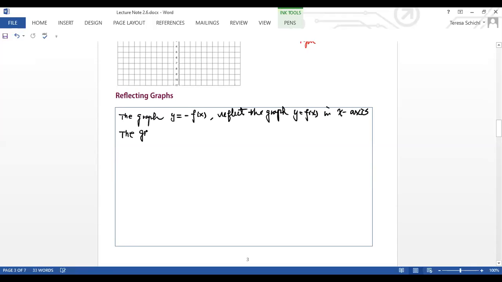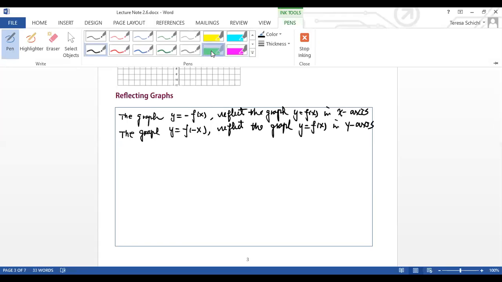How about if instead of the outside, I have something to do with x on the inside of the function? Then this one is reflecting the graph y equals f of x in what axis? In the y-axis, because you switch the x to the negative.